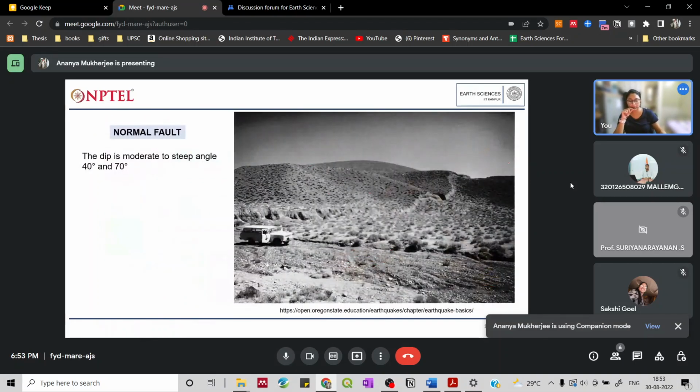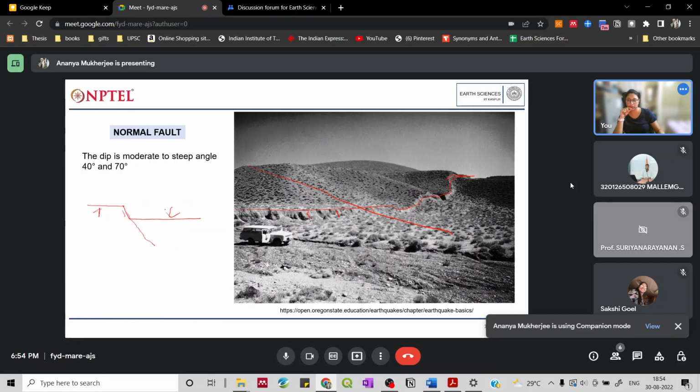Now we see that there is a fault. You can see that the fault is going along this direction. This is the fault line, and you can see that there is some displacement over here. So if we take a cross section across this, it will look something like this. This is your fault plane. This block has moved downwards, this has probably stayed over there only.